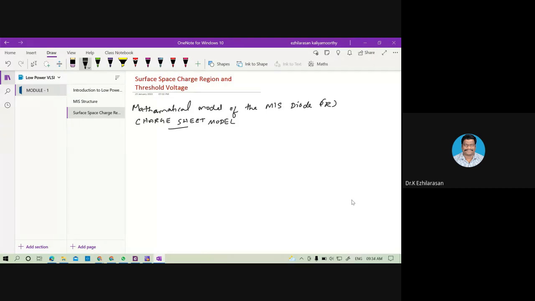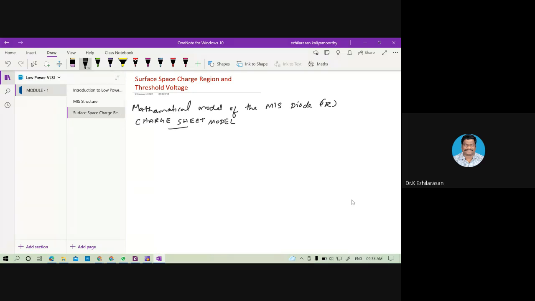Okay, now what we'll do: this charge sheet model is based on the depletion approximation. It is not accurate in strong inversion, and also beyond those regions of operation.